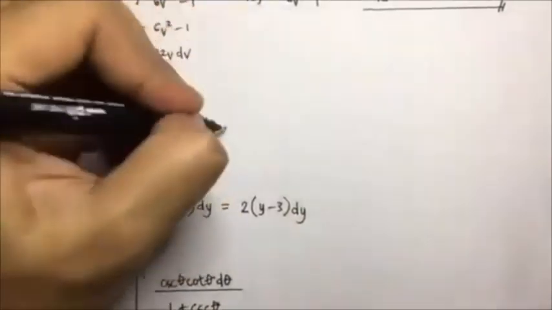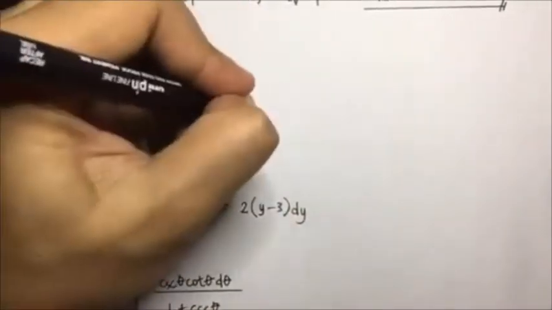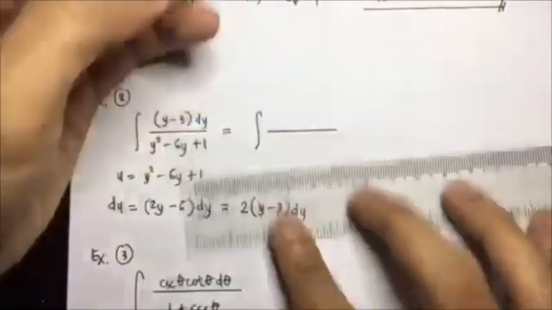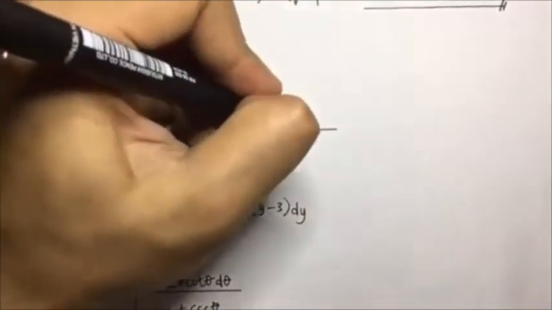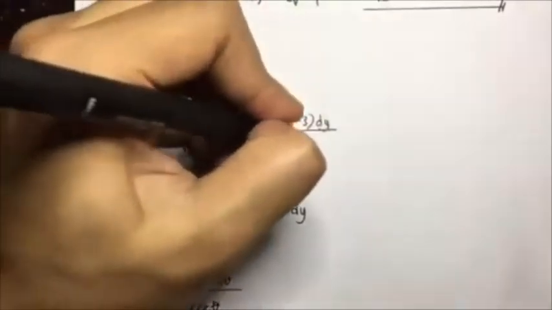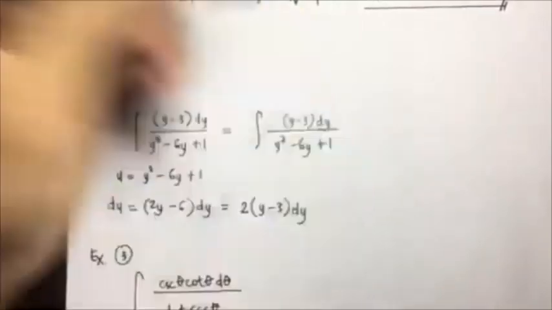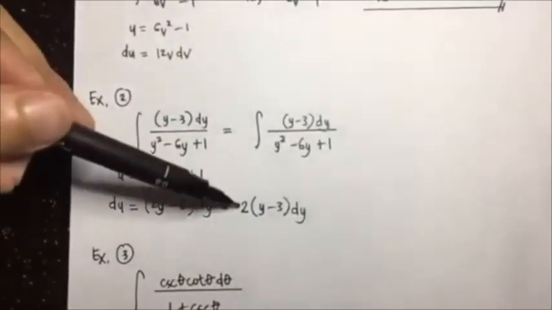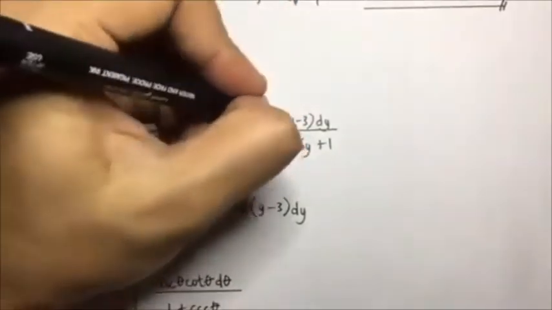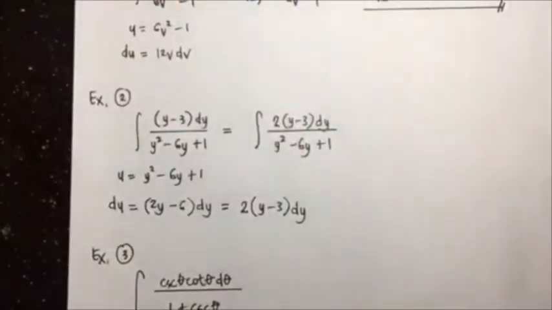So we have a missing factor of 2, so all we need to do is complete the numerator. Rewriting, you have y minus 3 dy over y squared minus 6y plus 1. The numerator has a missing coefficient of 2 to complete the differential, so write in the numerator 2.